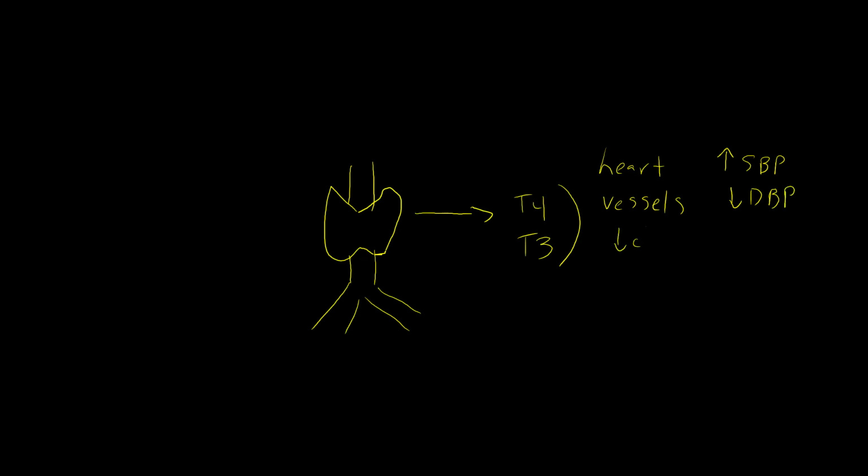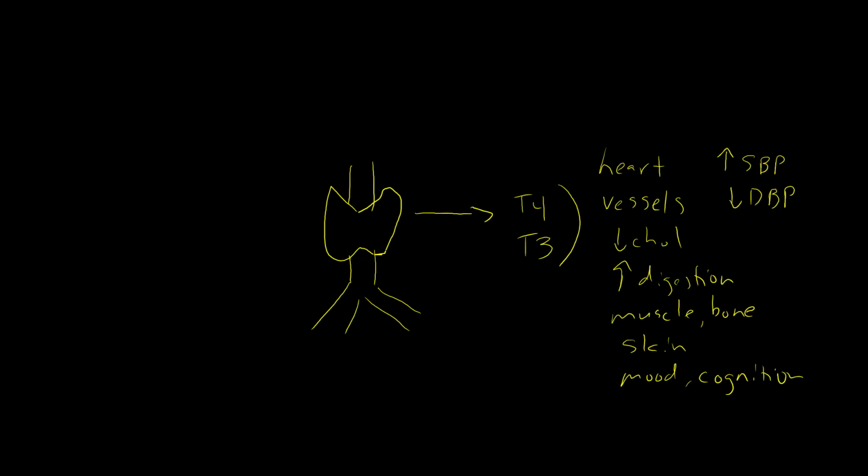Thyroid hormones also lower cholesterol, they speed up digestion, they have a role in muscle and bone health, they impact our skin and hair, making them smoother, they affect our mood, our cognition, meaning how clearly we think, or our memory.